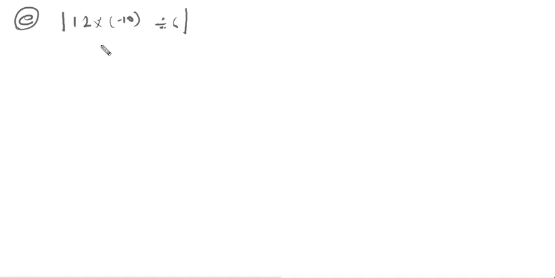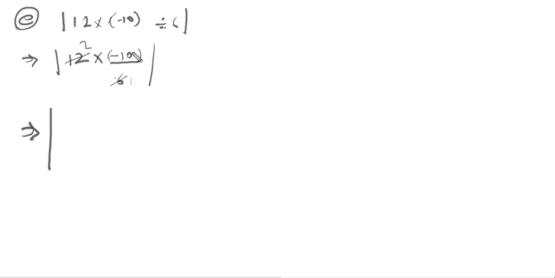Here also we have to apply the BODMAS rule, right? So let us apply it. 12 as it is into -10, -10 as it is, upon 6. I can write like this, right? Now here you can cut it from here, like 6 1s are 6 and 6 2s are 12.